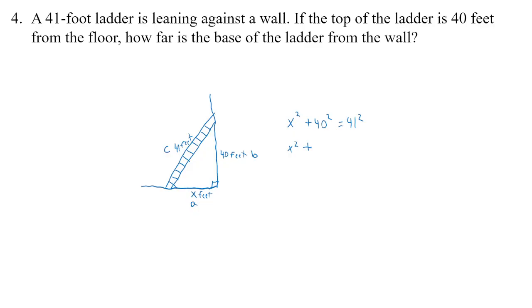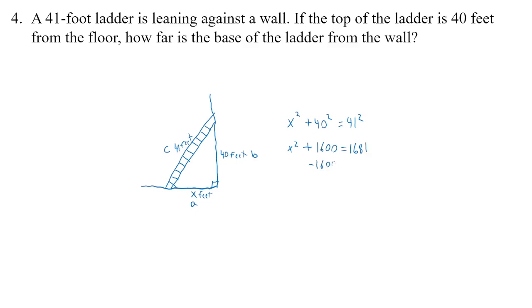40 squared is 1,600. 41 squared is 1,681.